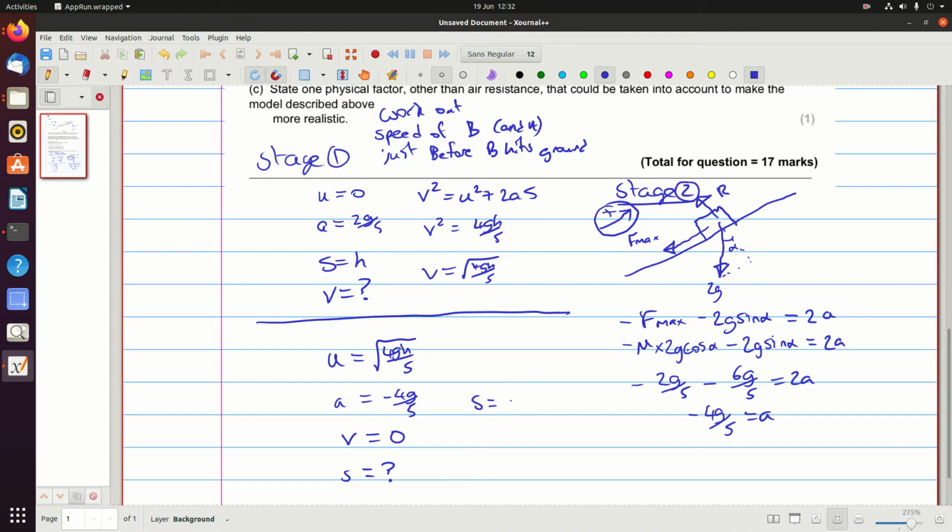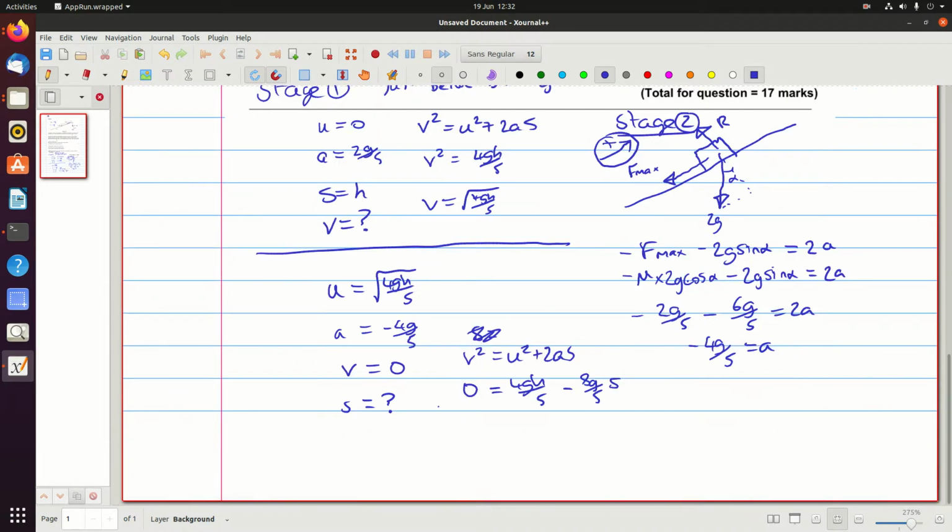Now if I use that, I can find s. If I use v squared is u squared plus 2as again, I'm going to have 0 equals 4gh over 5 minus 8g over 5 s. Now if I rearrange that, let's have it as 8g over 5 s equals 4gh over 5.